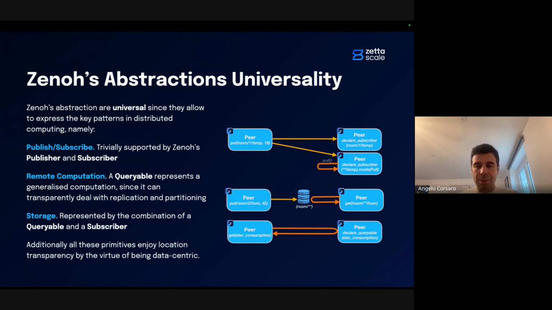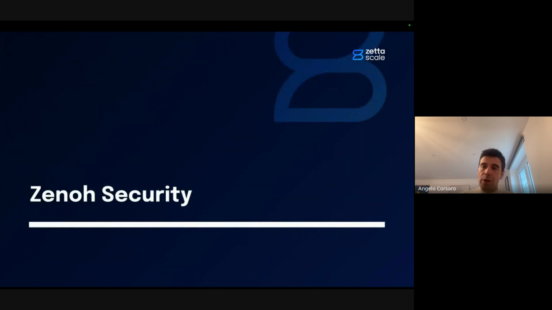And then we provide built-in plugins, as you saw before, for a series of storage technologies like RocksDB, InfluxDB, and so on and so forth.